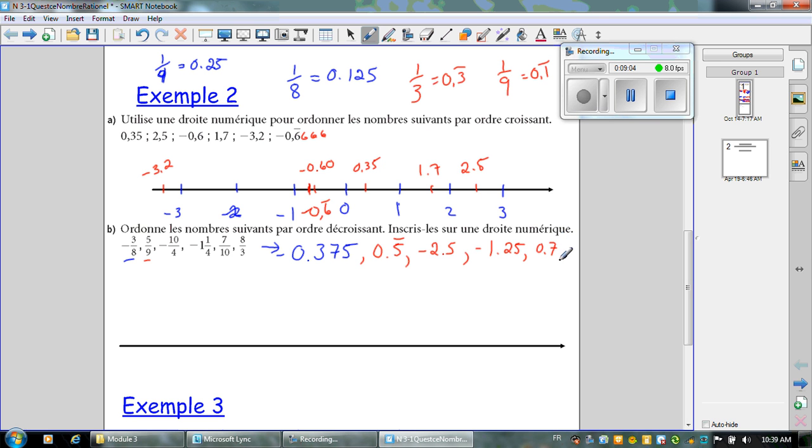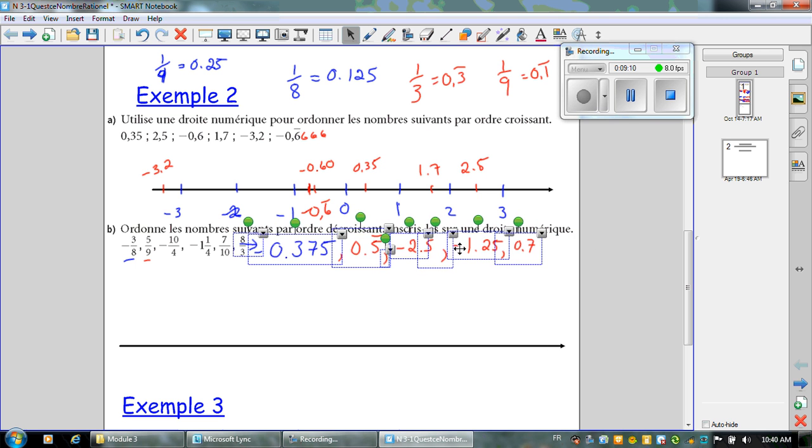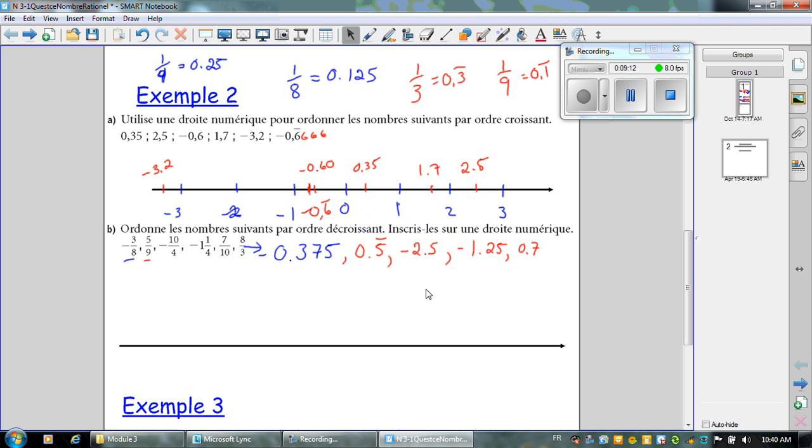And the last one, I'm just going to make a little bit more room. Just going to shift this over here. So the last one is 8/3.